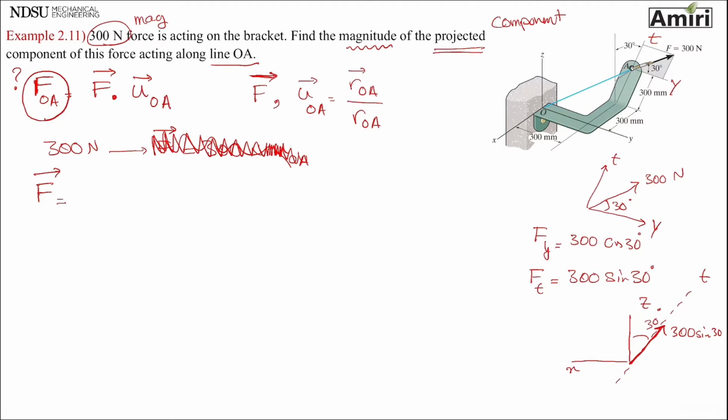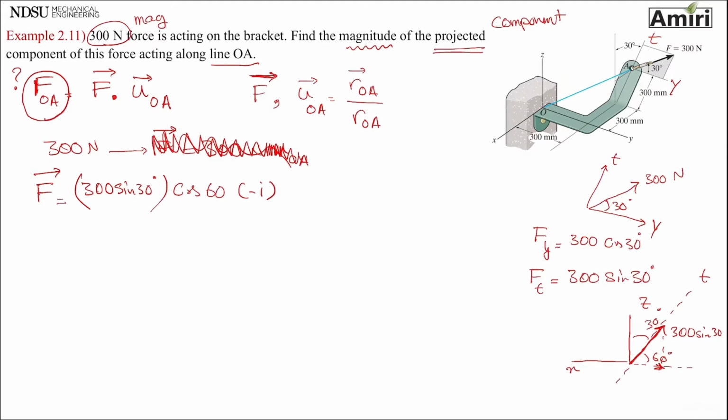So Fx is 300 sine 30. This angle is 60, so that is going to be cosine 60. And that is pointing to minus i.